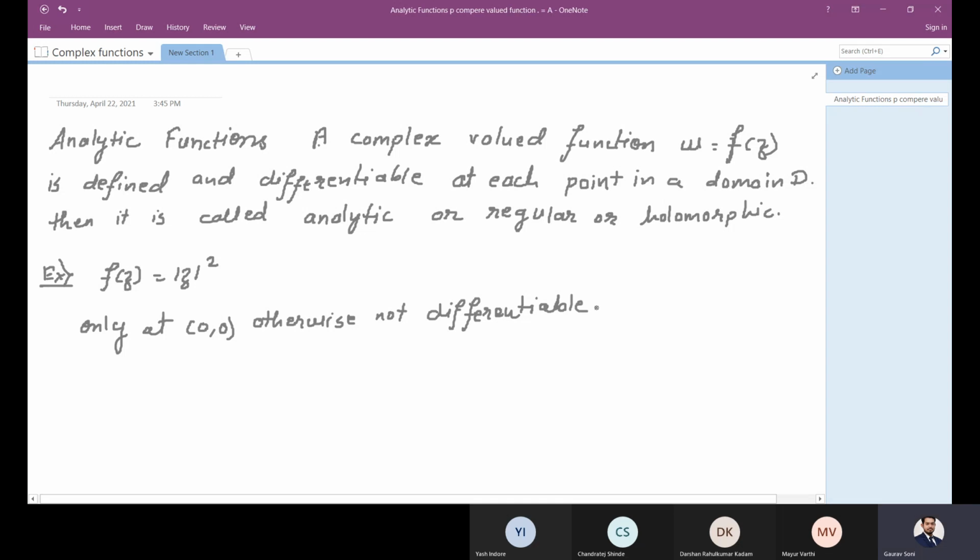By the above definition, it must be defined as well as differentiable at each point in the domain. On the complex plane, here is the point 0 comma 0. Only at this point it is differentiable, whereas in any neighborhood it is not differentiable. So this turns out to be not analytic.